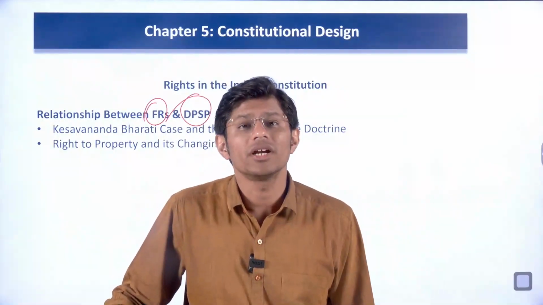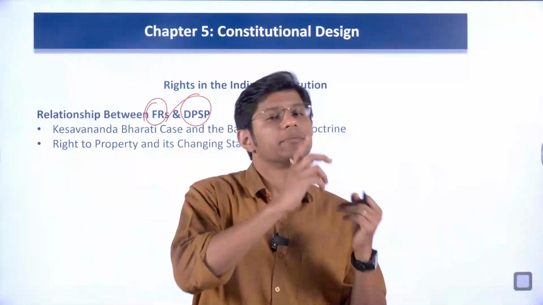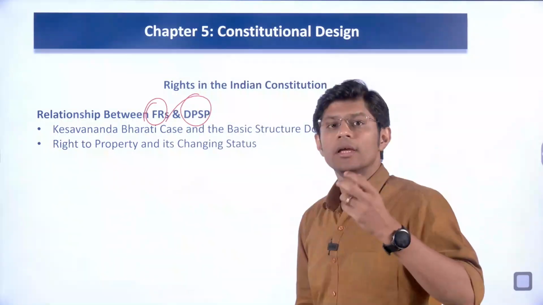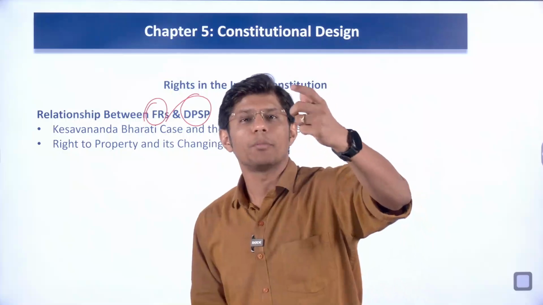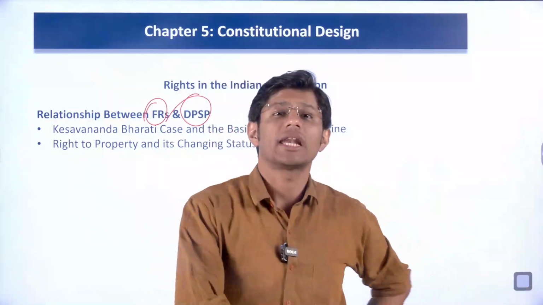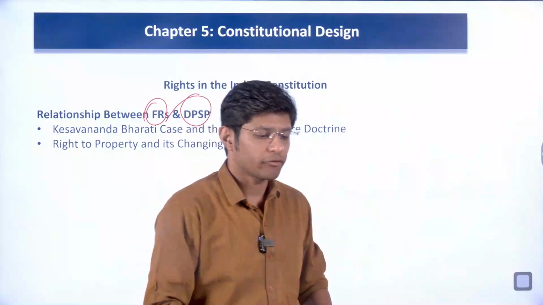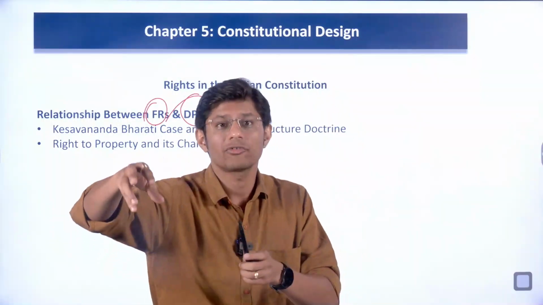However, conflicts sometimes arise between the fundamental rights and DPSP. How? For example, the government's land reform policies to abolish the zamindari system were challenged. Why? Because they were violating the right to property. We discussed land reforms, which means the government will take away the extra land from the zamindars.